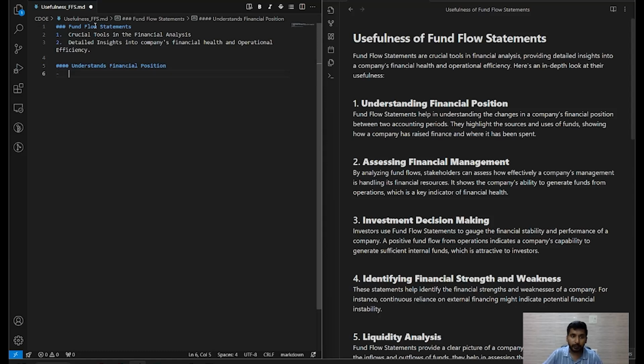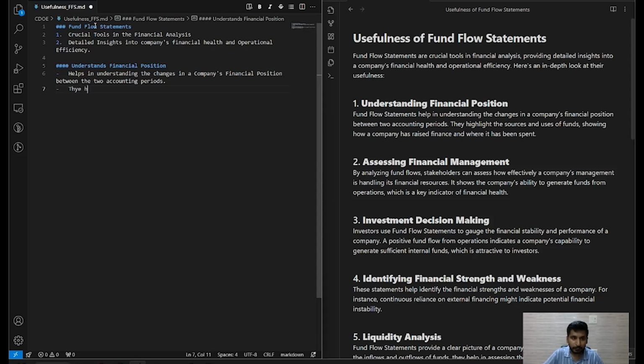The fund flow statement helps in understanding the changes in the company's financial position between the two accounting periods. Between the two accounting periods.